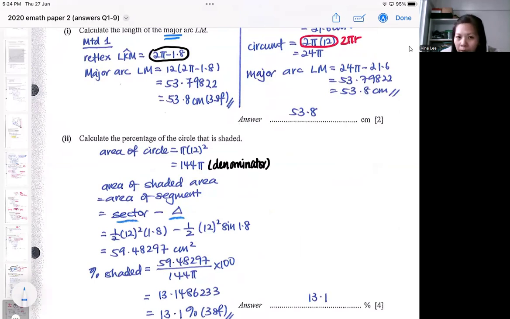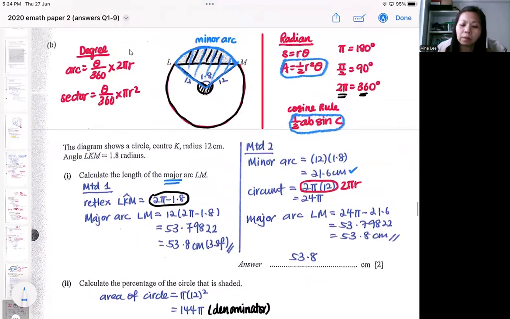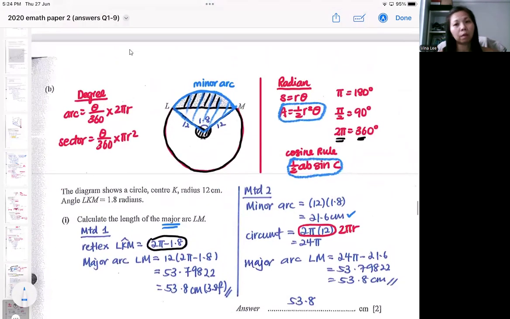Sector is half r squared theta, triangle is half AB sine C. Make sure you do it in radian mode, and use as many decimal places as possible. So shaded area over circle multiplied by 100 will give you the percentage of the shaded area. I also don't think this is very difficult if you just look at the formulas available.